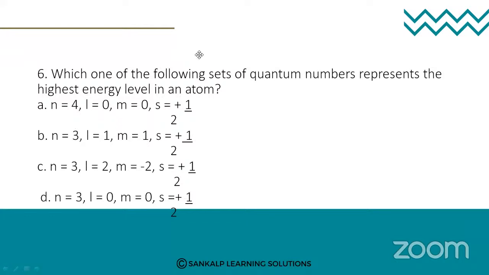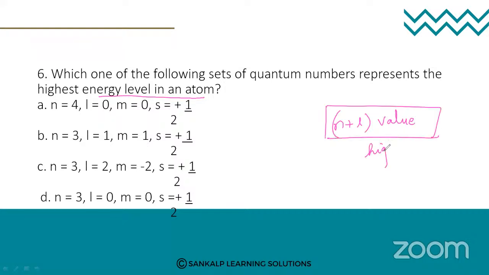So here, which set of quantum numbers will tell you the highest energy level of an atom? When we are discussing the orbital with the highest energy level, we have to remember the n plus l value. n is your principal quantum number, l is your azimuthal quantum number.